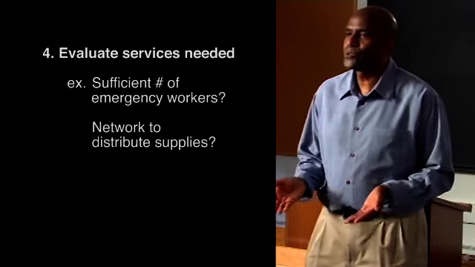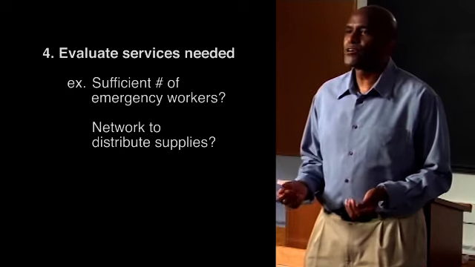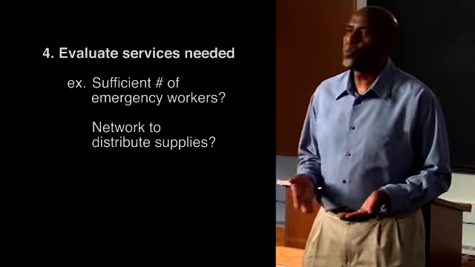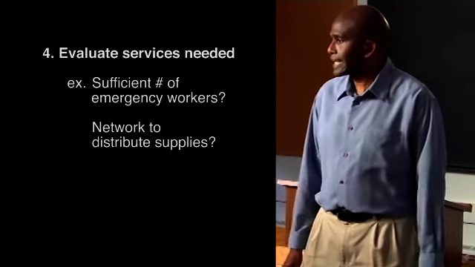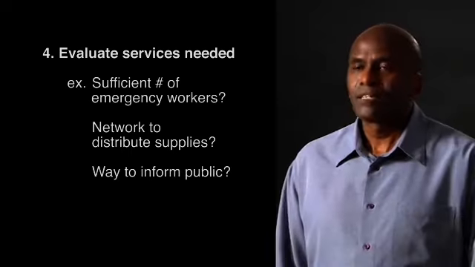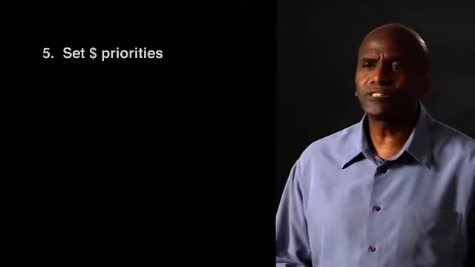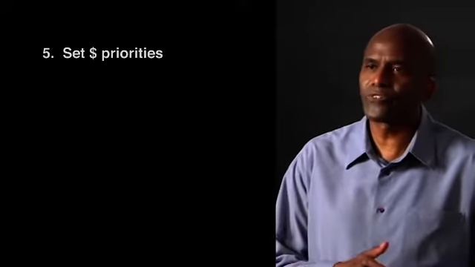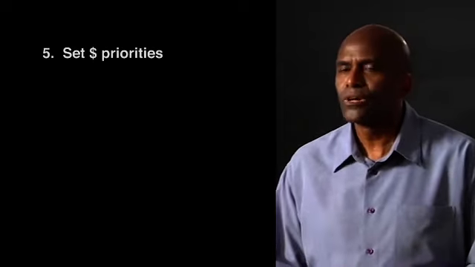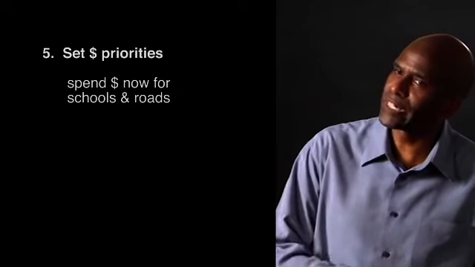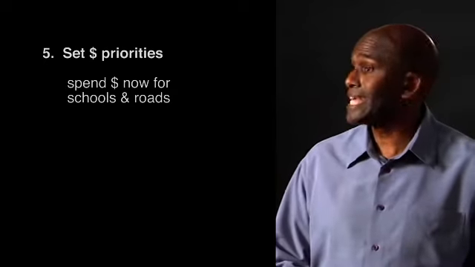Is there a way to inform the public about the emergency plan so that they know where to go and what to do before, during, and after a natural disaster? Well, related to this evaluation is the fifth and final factor, setting spending priorities. Countries have to decide whether to spend money for things they need now, like new schools and roads, or to allocate money to prepare for a natural disaster that may never happen.